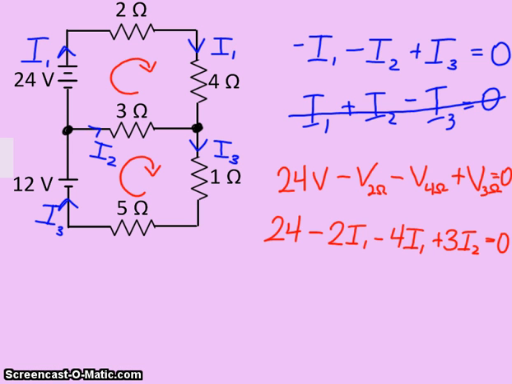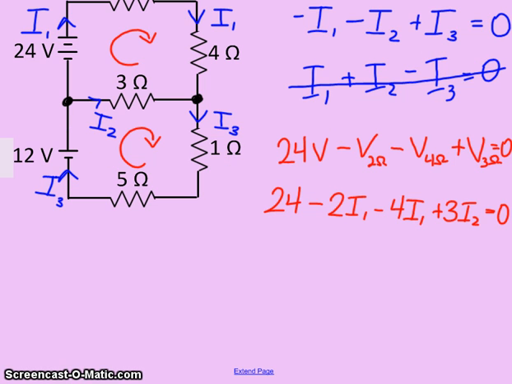And then equals 0 at the end. One more step with this equation is to combine like terms. Minus 2I1 minus 4I1 gives me minus 6I1. So I can write 24 minus 6I1 plus 3I2 equals 0. That's my second equation.